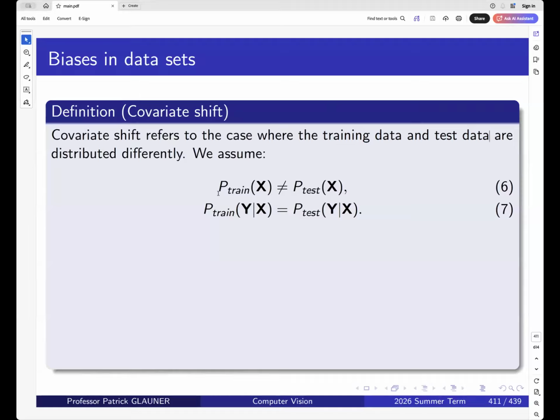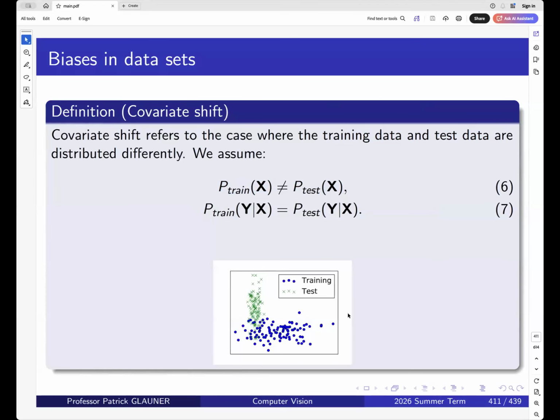And here we would assume for covariate shift that the training distribution of X and the test distribution of X are different, while the conditional distribution for training of Y given X is the same as the test distribution for Y given X. For example, if we have a two-dimensional data set, so we just have two features, feature one and feature two, we would visualize the training and the test data.